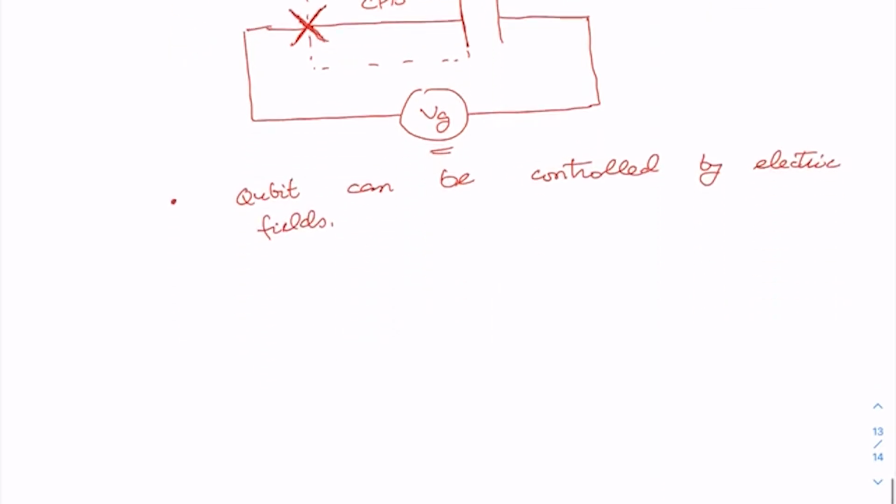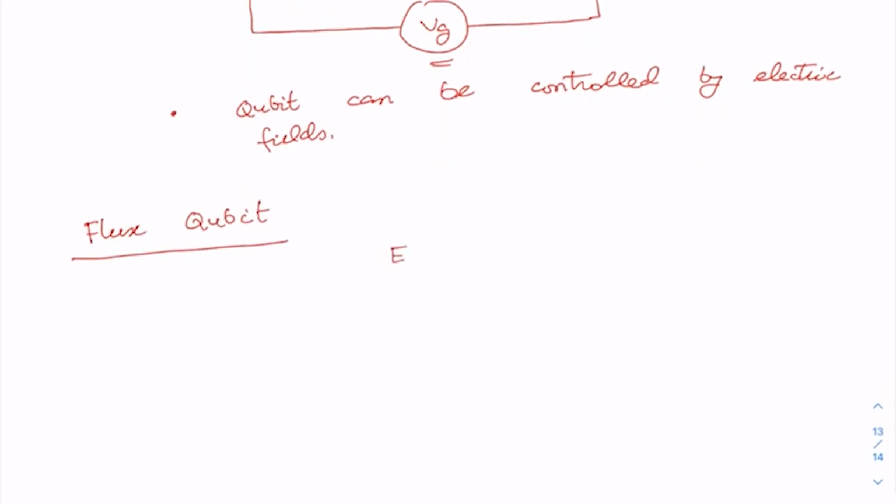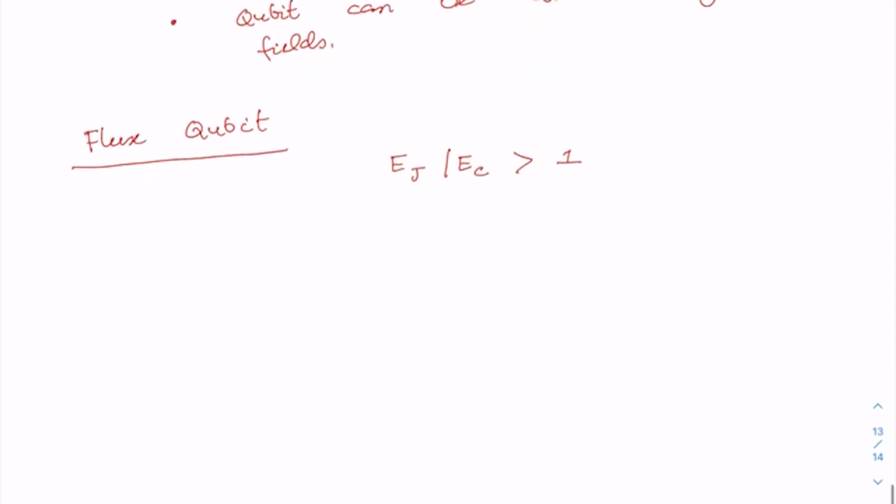There is another qubit, called the flux qubit. You can guess that in the case of the flux qubit, the ratio is the opposite: EJ by EC is greater than 1. This is basically a superconducting ring interrupted by 1 or say 3 Josephson junctions like this.